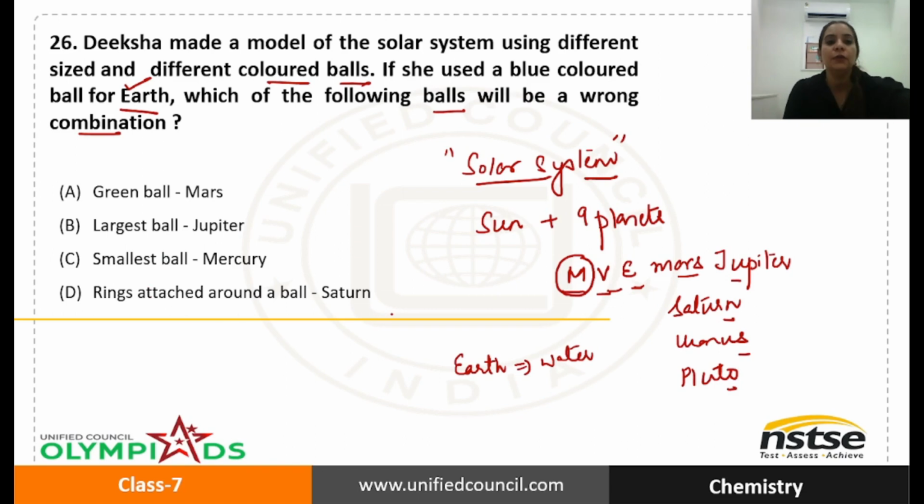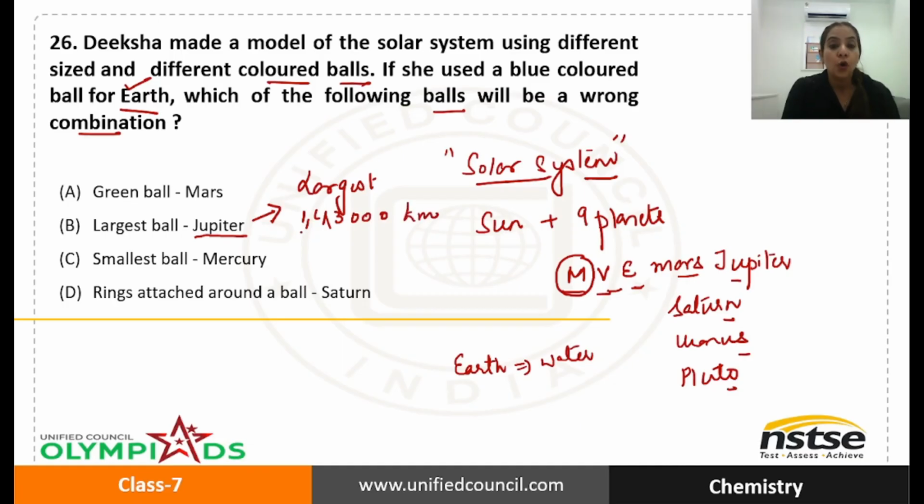Now let me tell you here about this. If I talk about Jupiter first, okay, so the ball she used is the largest ball. So this is correct. The reason being Jupiter is the planet which is largest of all, and let me tell you that it is approximately 1,43,000 kilometers.